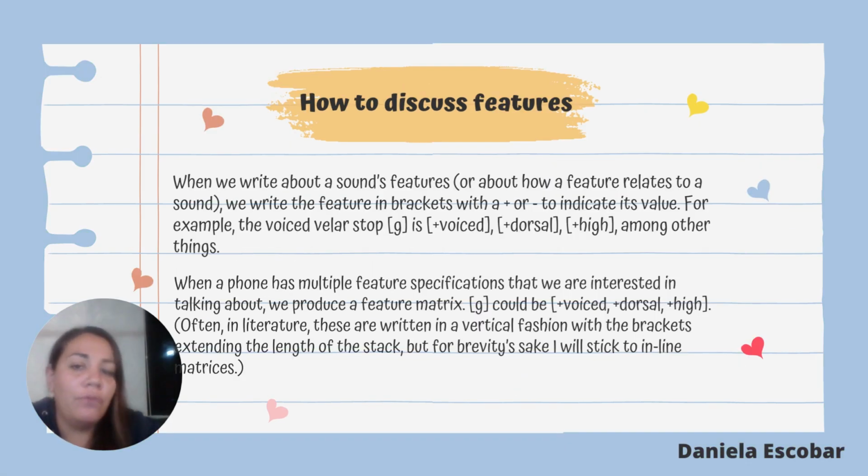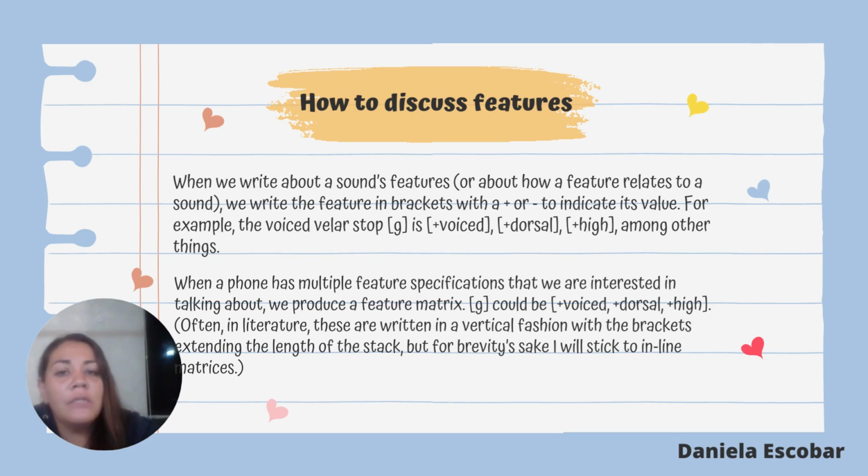How to discuss features? We write about some features or about how a feature relates to a sound. We write the feature in brackets with a plus or minus to indicate its value. For example, the voiced velar stop is plus voiced, plus dorsal, and plus high, among other things.